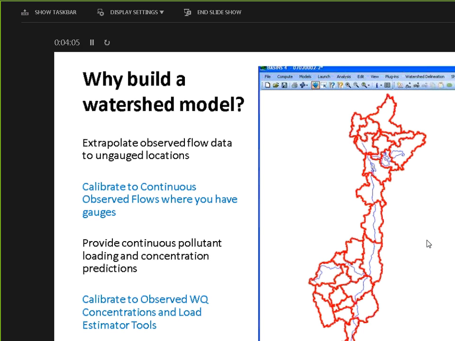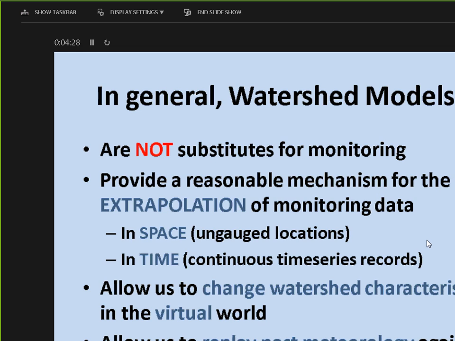And so that's why we want to leverage that information with models, because the PCA or the DNR, we can't afford to monitor for everything, everywhere, all the time. So it's not affordable, it's not sustainable. So what we want to do is leverage all the information that we have to the greatest degree possible.